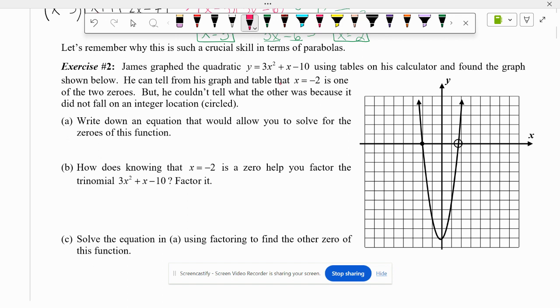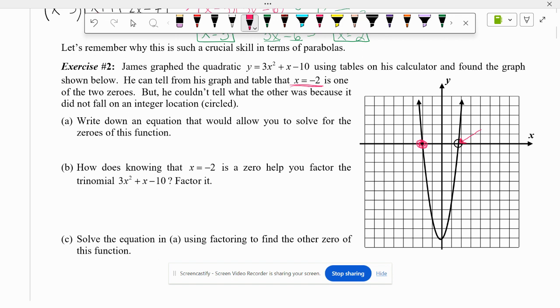He found the graph shown below, and he can tell from his graph that x equals negative 2 is one of the zeros. That's this one right here. But he couldn't tell what the other zero was because it's not exact. You see, it's circled. It's not exactly on a grid line.